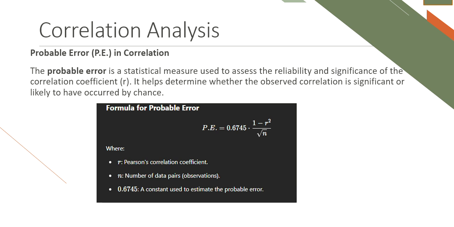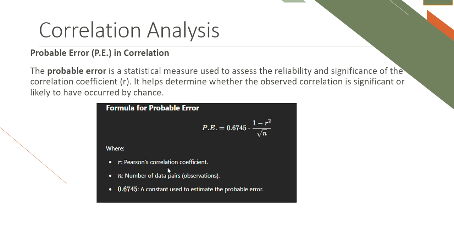Some relaxation they will give, which we call a probable error, that could happen while doing research, and there is a formula for finding the error. After you find the value of R, there could be some error, and that is what we are trying to find. The probable error is given as 0.6745 times (1 minus R squared) divided by the square root of N. If you do this, then it should be within the specified range.